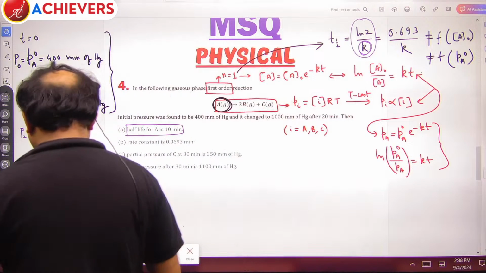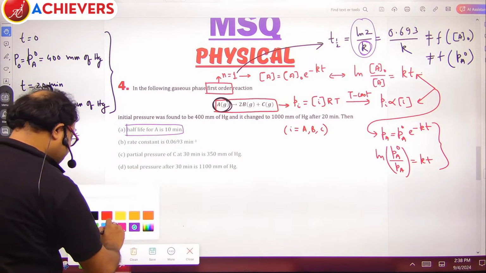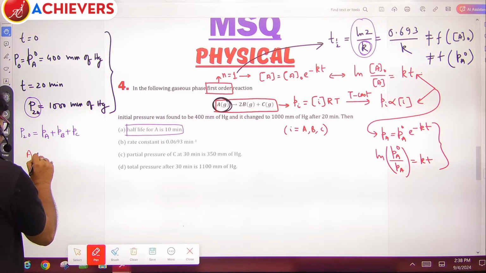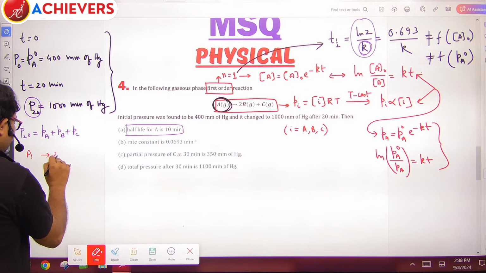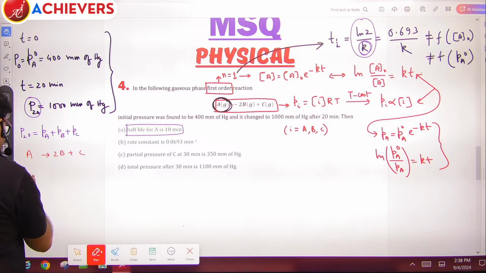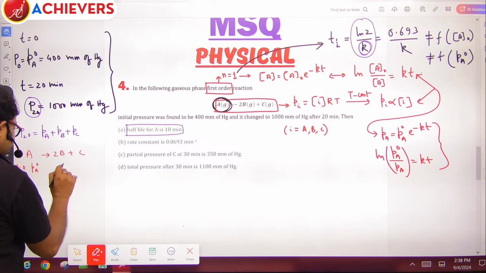Now let's write down this mechanism once again. A to 2B plus C. So initially at t equal to 0, this was PA naught, this is 0, this is 0.